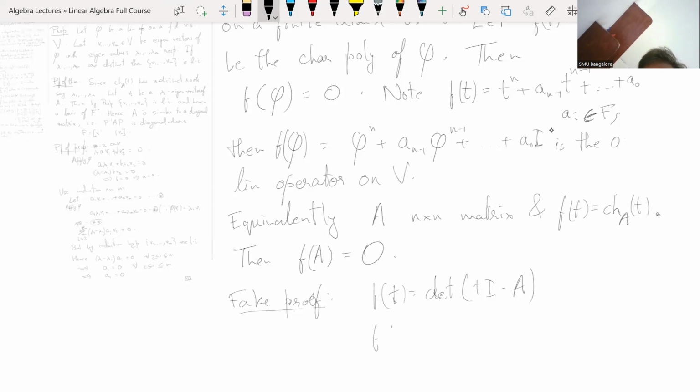So f of A, you can say, is the determinant of AI minus A, which is of course 0. So what is wrong with this proof?